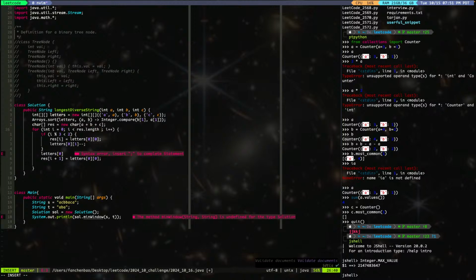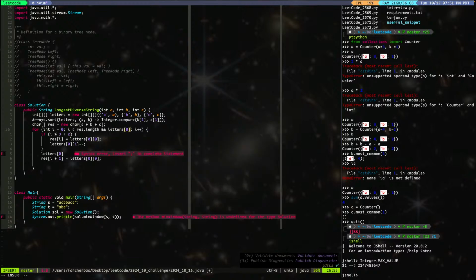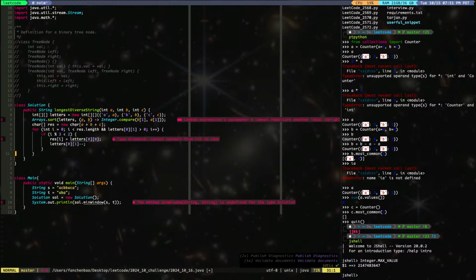Then I can do it here. Letters[0][1] is larger than 0. If it's smaller than 2, so it'll be 0, we put it, and once this is done, we will fit.